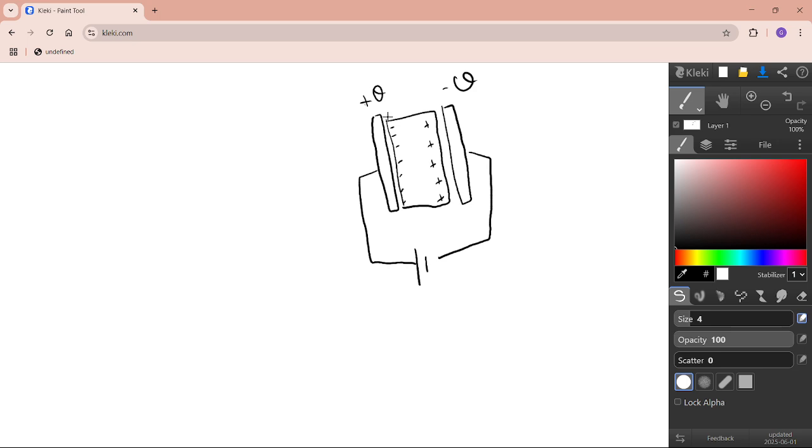Now let's learn about the polarization. What is the polarization vector? What is polarization?